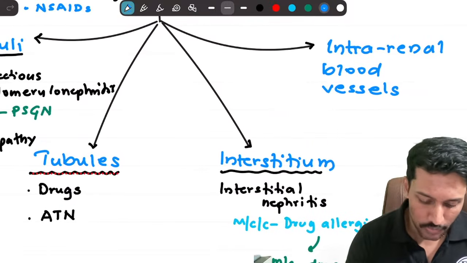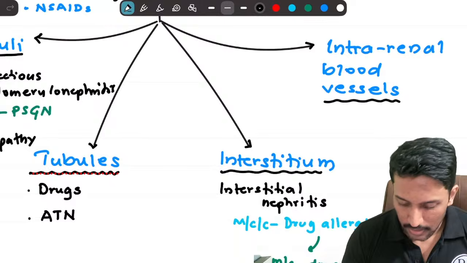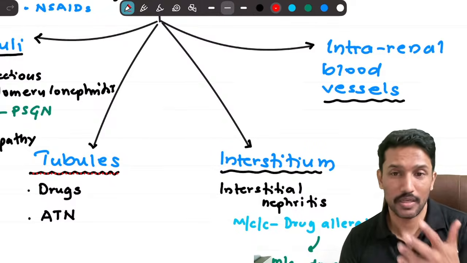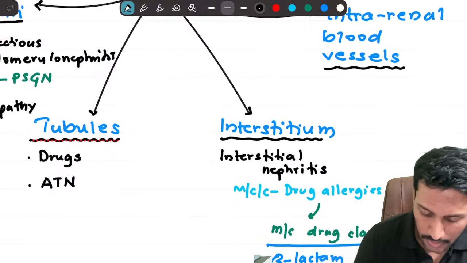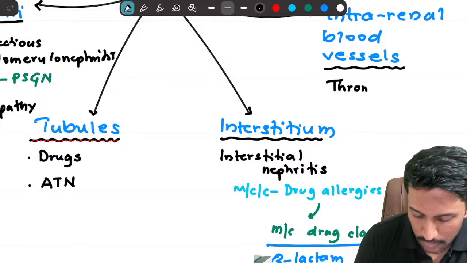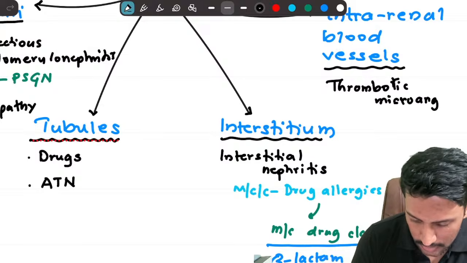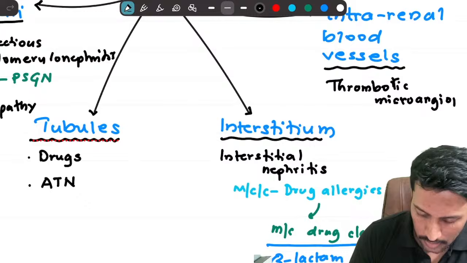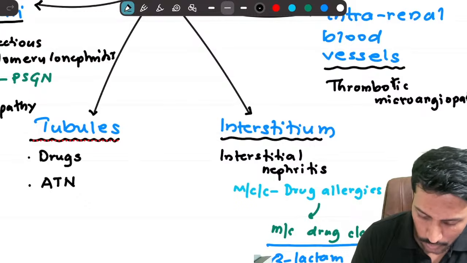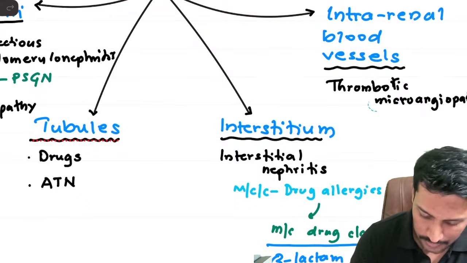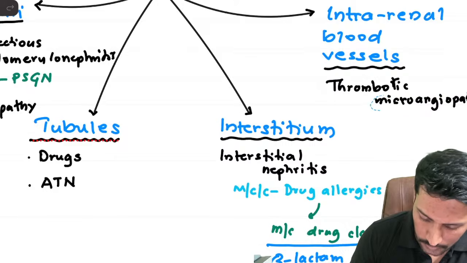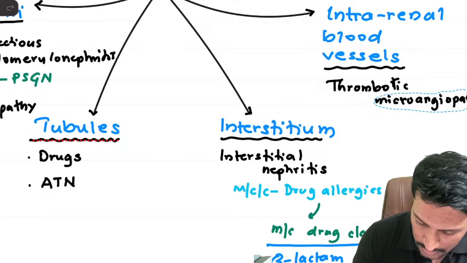Then intrarenal blood vessels getting affected. It can happen in various conditions. One of them I want you to remember is thrombotic microangiopathies. It's a broad term per se, where there is formation of small clots in small blood vessels.